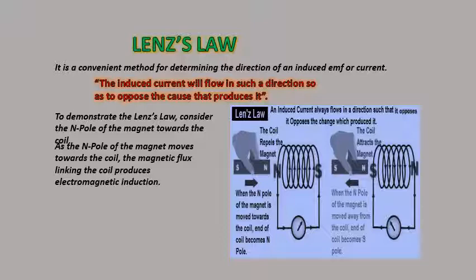Like if I am moving this bar magnet towards this coil, as we know already, the magnetic lines of force are stronger near the bar magnet, so the maximum number of magnetic lines are moving towards this coil. So the flux is changing towards an increasing value. That is why the same poles appear on the coil, to oppose the cause that produces it.